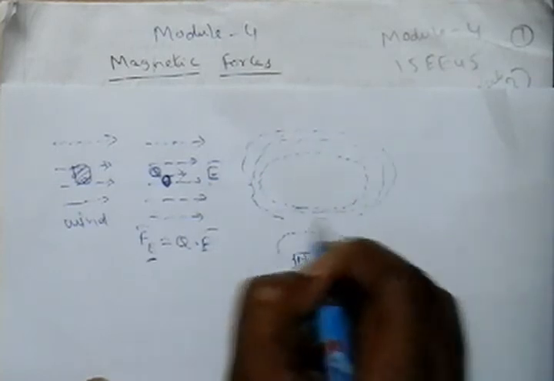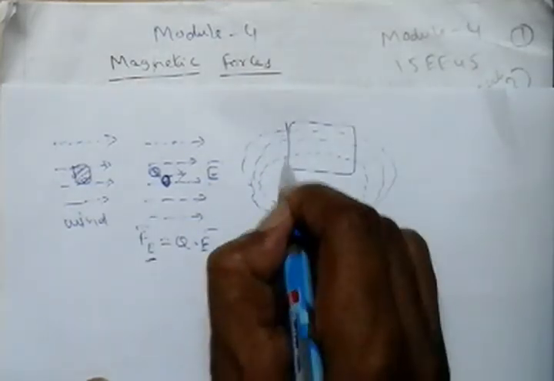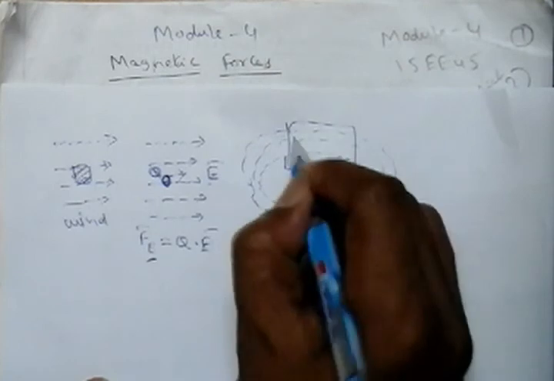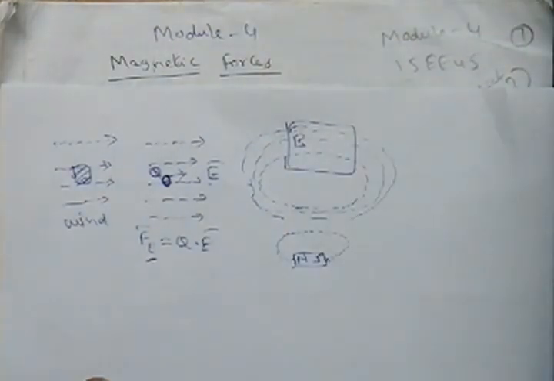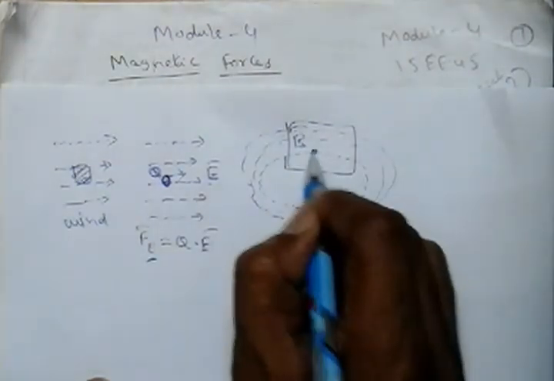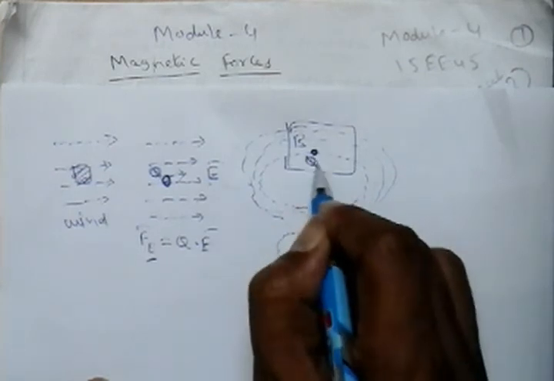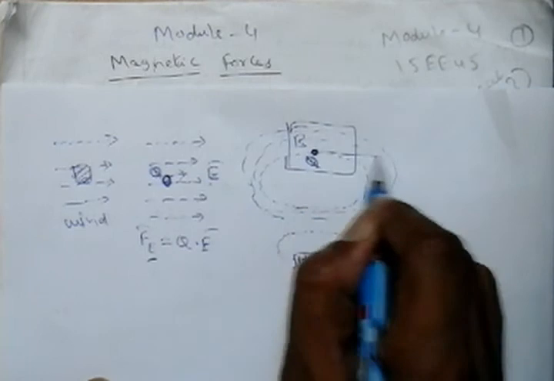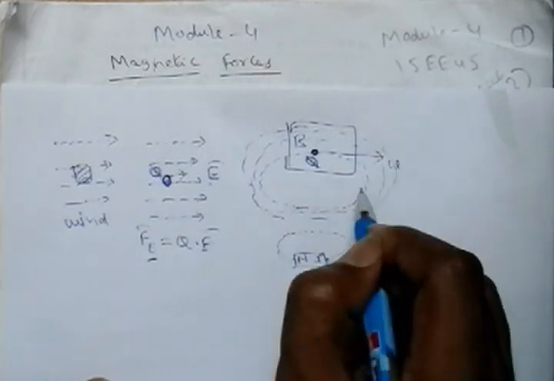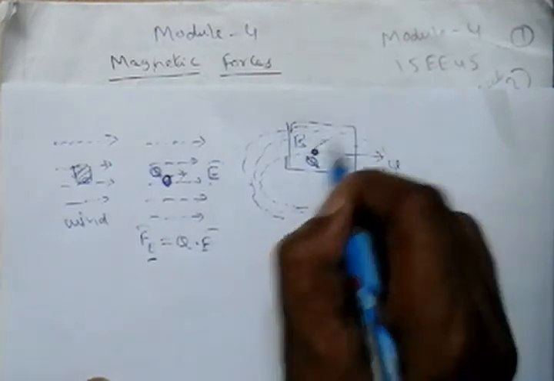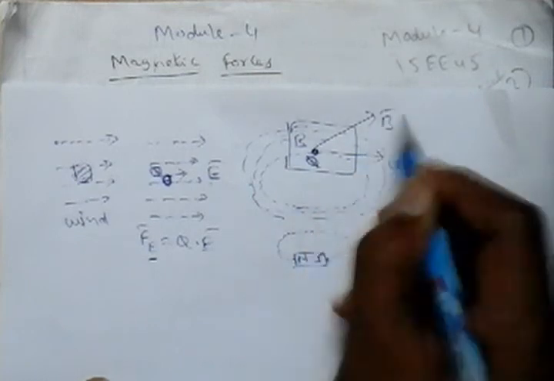Now consider one region. In this region the magnetic flux density is B bar. If we keep the charge Q in this region, the charge Q will move with some velocity V bar, making some angle with respect to the flux density B bar.